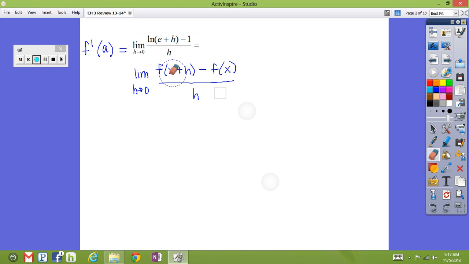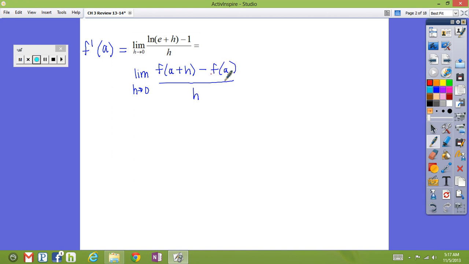And actually, I'm even going to write it with a's. And if you take a look at this, you'll notice that everything kind of lines up.